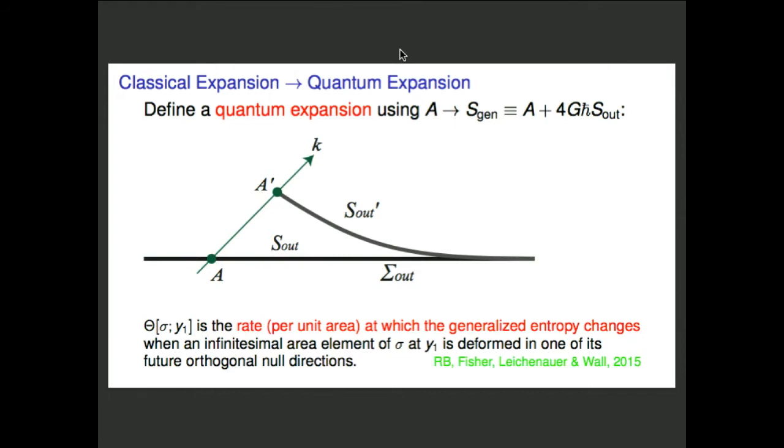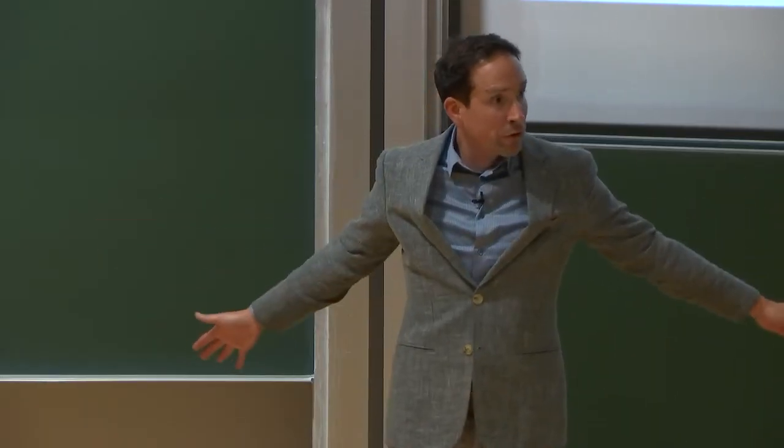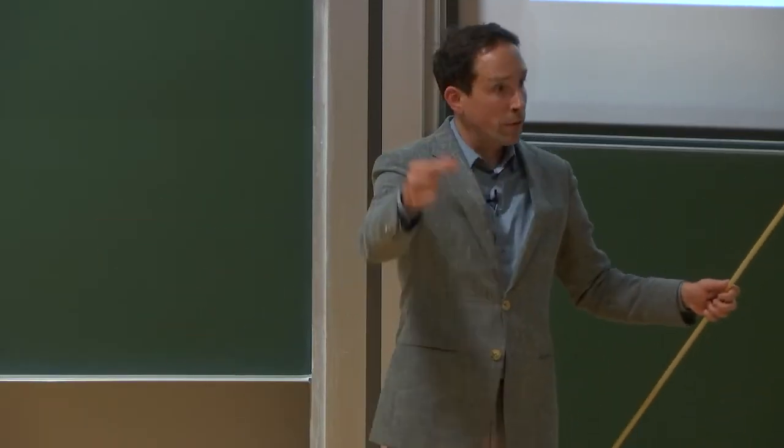Though there's an important distinction in that the classical expansion is really defined completely locally near any given null geodesic. You can ask what the other geodesics nearby are doing. It doesn't matter what the surface looks like elsewhere. Here it does, because the von Neumann entropy can change in different ways depending on how I've chosen my surface away from the point where I'm doing the deformation.